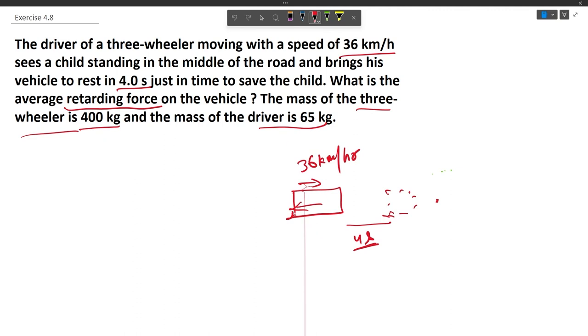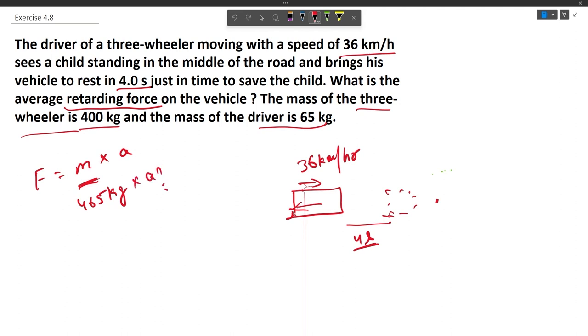So it is 465 kg, which constitutes the moving system. Now we just need to know the acceleration, because the force equation would be mass times acceleration. We have mass 465 kilogram and we need the acceleration to find out the required retarding force.